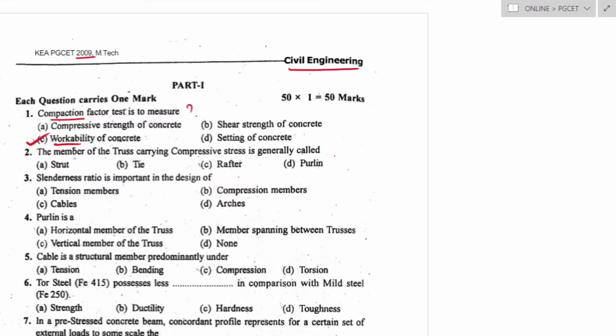Question number 2. The member of truss carrying compressive stress is generally called as. So let's draw a diagram of a roof truss so that you can clearly understand the concept.